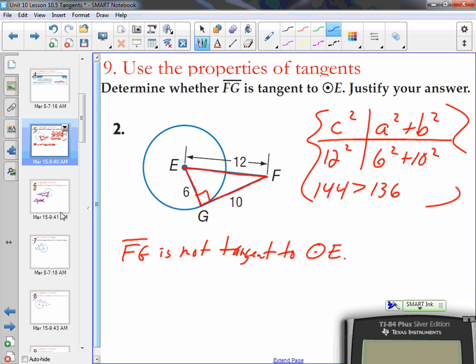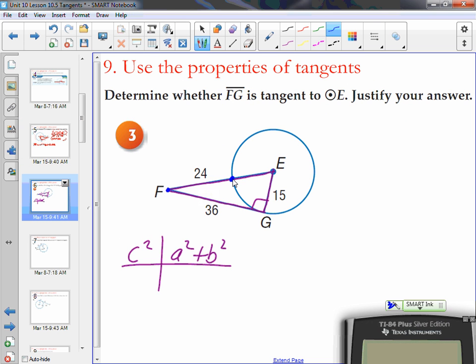Okay? So, if from F to the circle is 24, what's the distance from the circle to E? 15. Because if that radius is 15, they're all 15, which means 39 is the length from F to E. Everybody follow me on that?